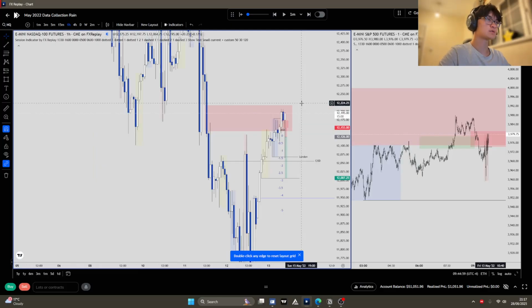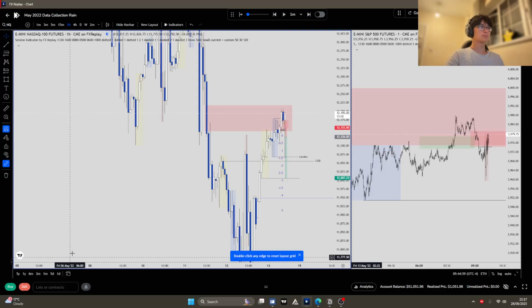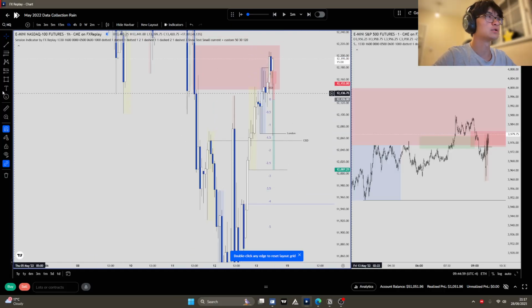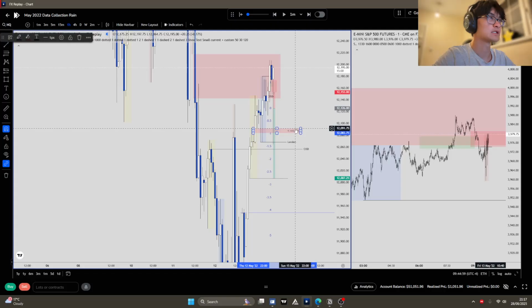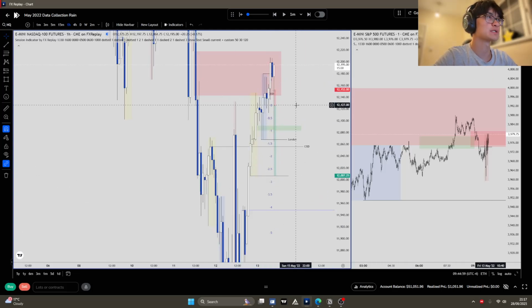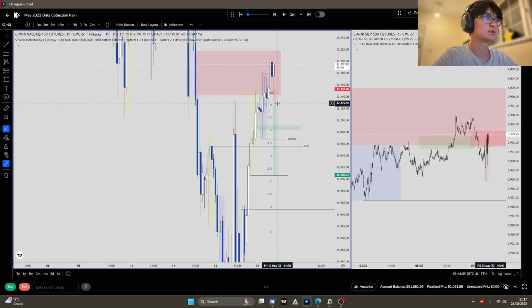Okay, so we're still respecting the hourly gap, but rather I think I'd use this BISI right here instead of the one up there. But surprisingly, we are still respecting that. Take this out.